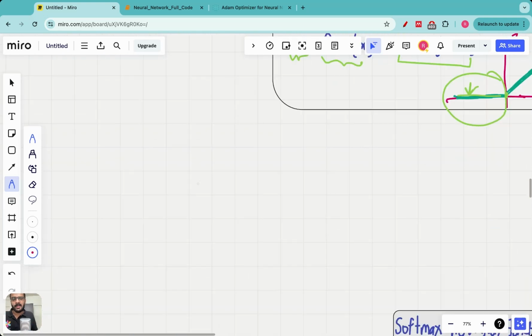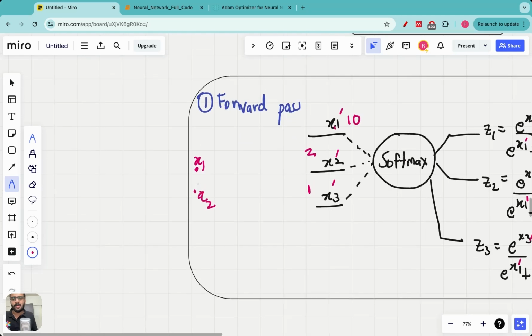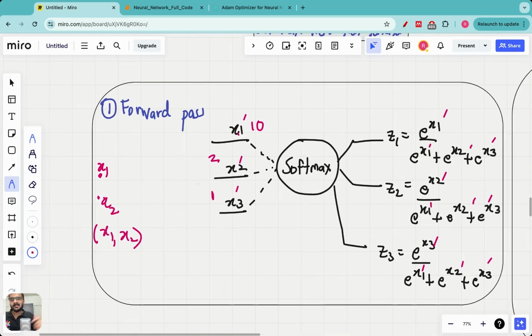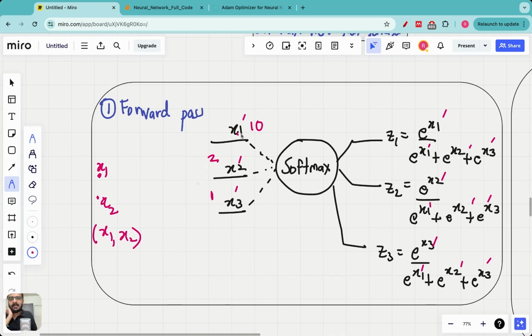So this point which we have looked at right now, which is x1 comma x2, belongs to either one class, red, green or blue, and I want my neural network prediction to give me that class. So right now it's looking like the class red has the value 10, class green has the value 2 and the class blue has the value of 1. This tells me that there is a higher chance of it being related to class red, right?